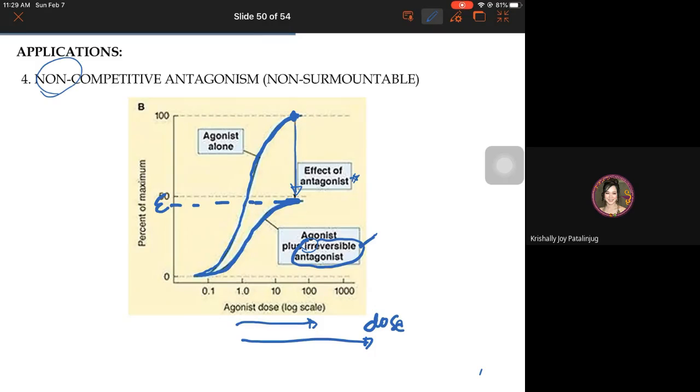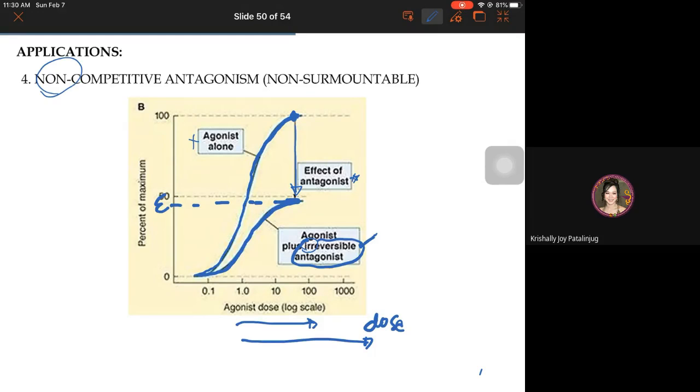Again, in the presence of a non-competitive antagonist, its effect is non-surmountable. The activity of the agonist is really antagonized.